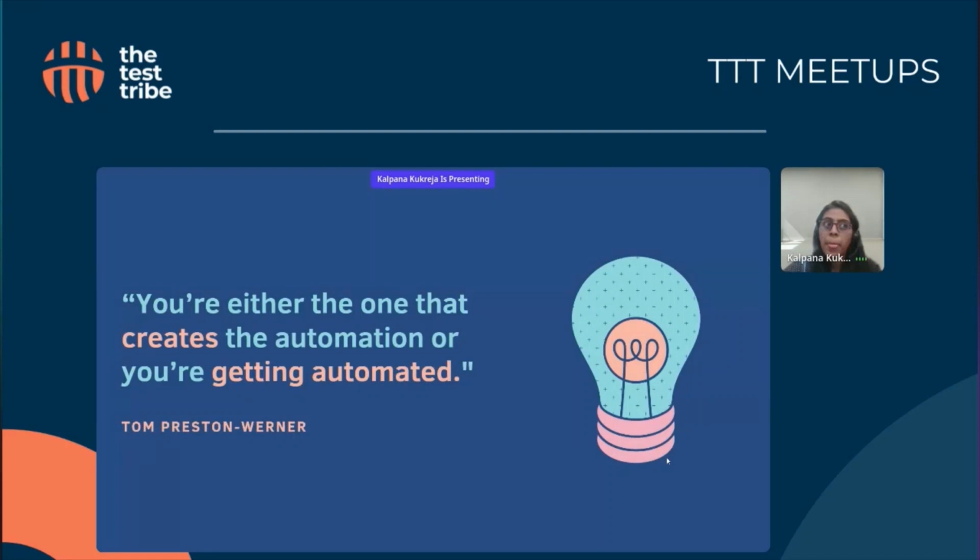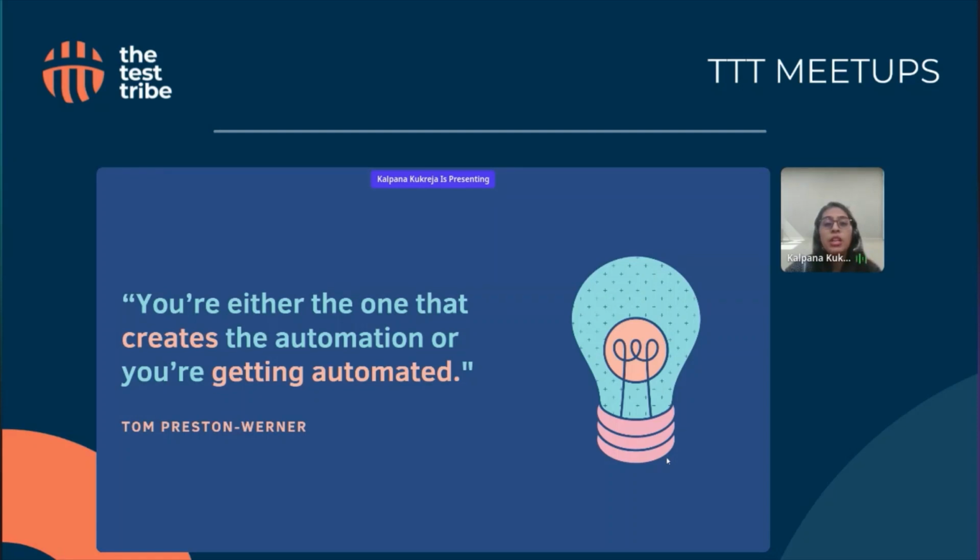So, when we talk about automation, we know things need to be automated to deliver better, not to replace our job. So it's either you are the one that creates the automation, or you are getting automated. Test automation has a number of challenges. It's not going anywhere. It is going to stay the same for quite a long time now, and the people would be the same.